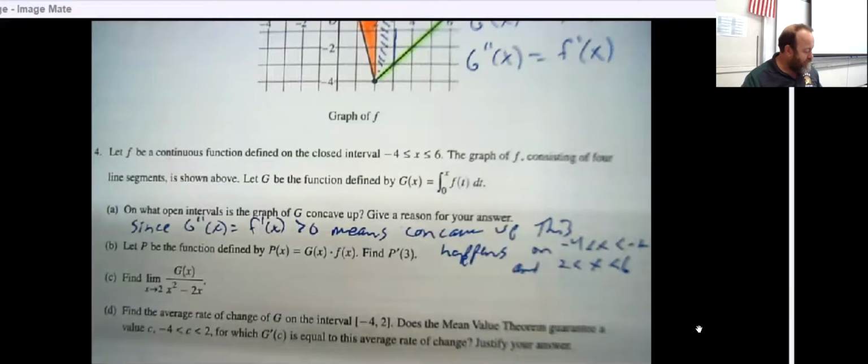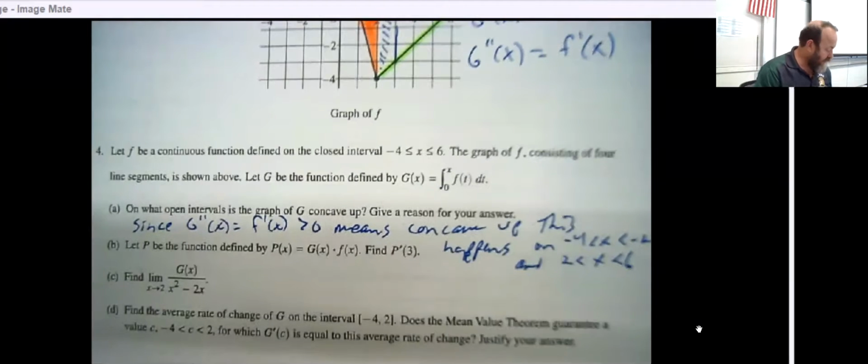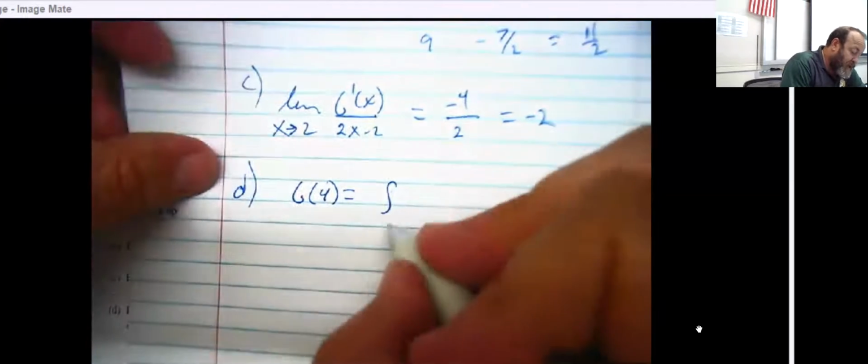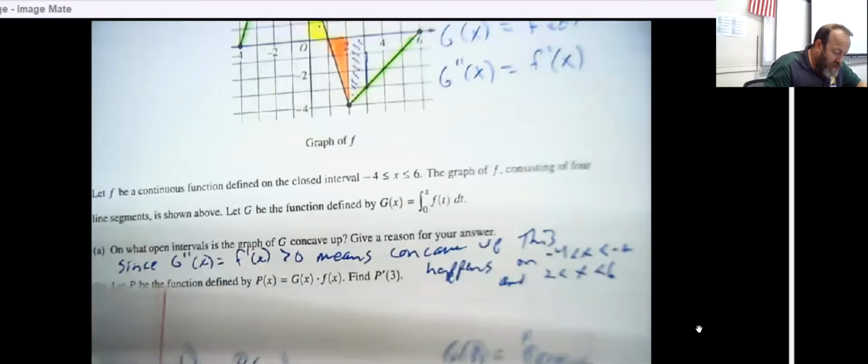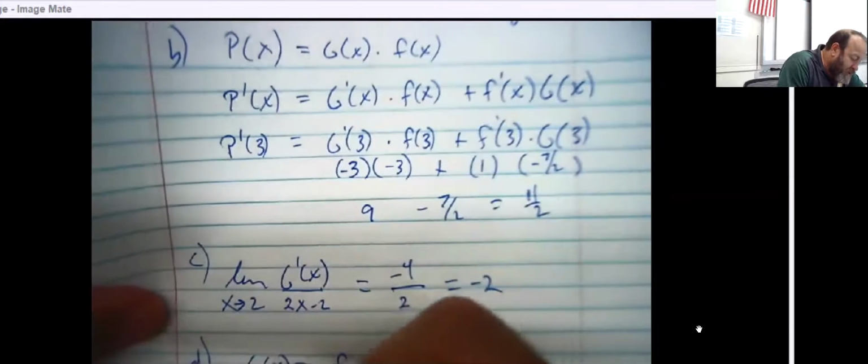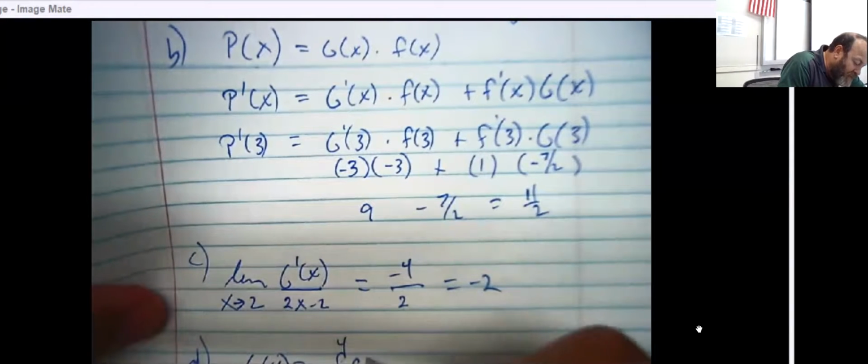So what is the average rate of change of G on the interval from negative 4 to 2? And does it mean that it guarantees some place? So what I have is, what is the value? Now, again, G of negative 4 actually says to take the integral from, got to be a little bit careful to look back at how that was, 0 to negative 4 of f of t dt, right?